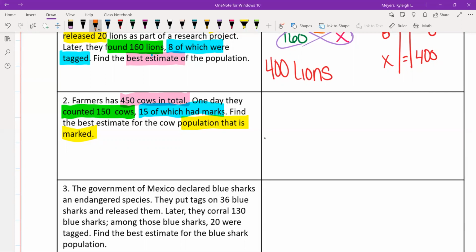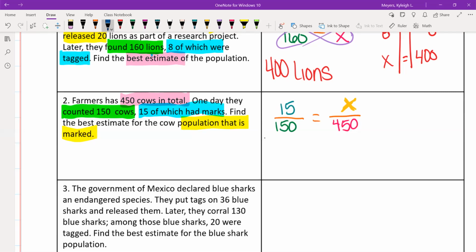Let's set up our proportion. We know 450 cows in total. That's our total population size, 450. We counted 150. 15 of those we counted had marks. And we want to find the population size, so we want to find the X.